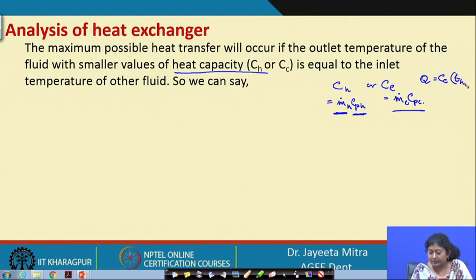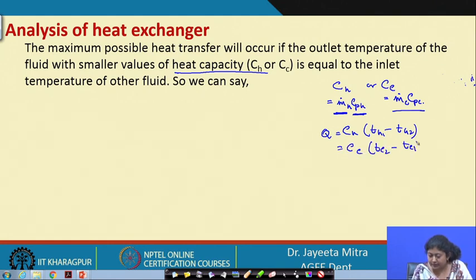Q is equal to Ch into Th1 minus Th2, or Cc into Tc2 minus Tc1.